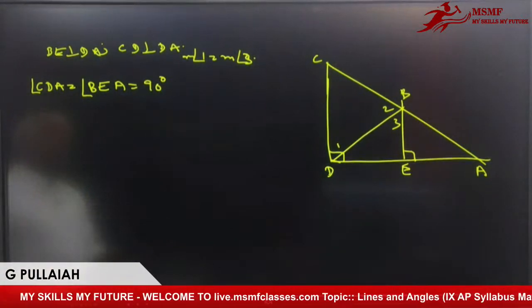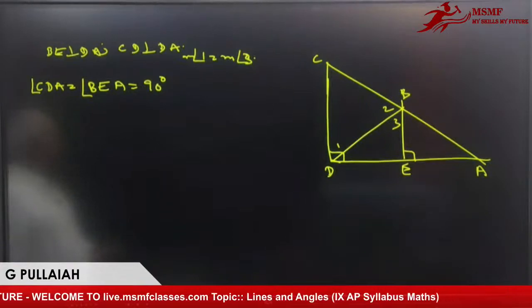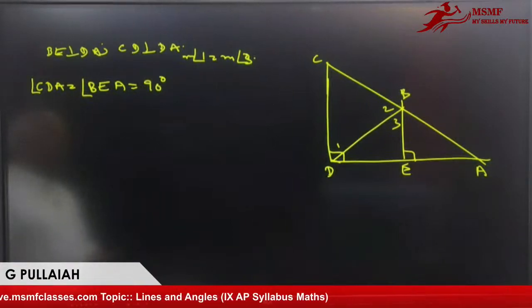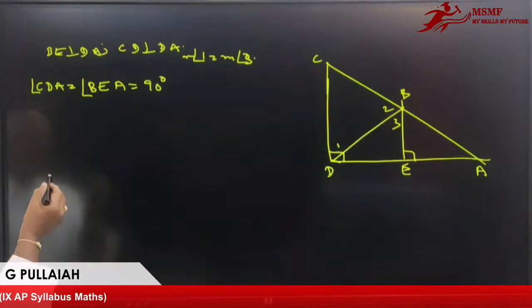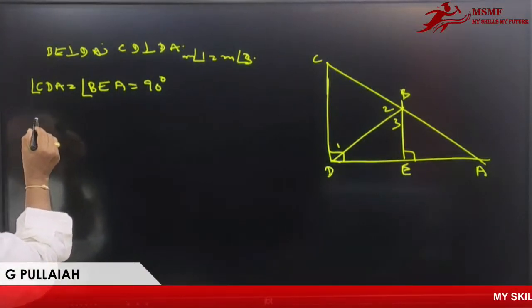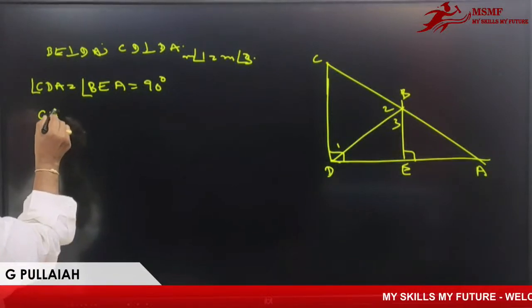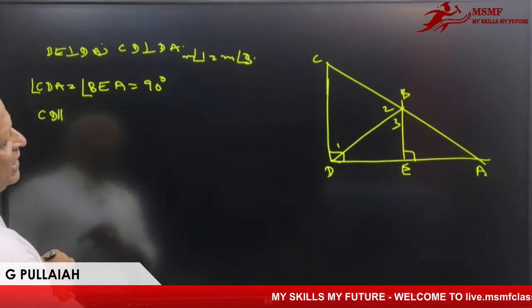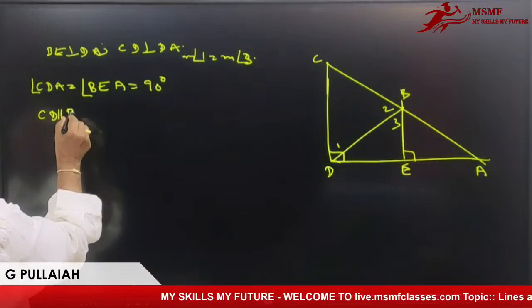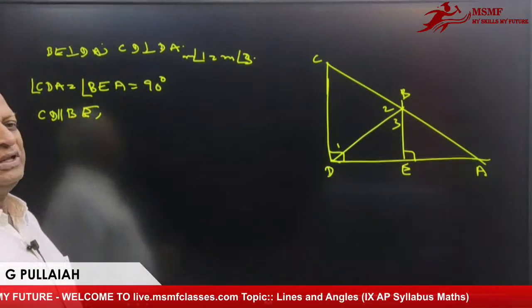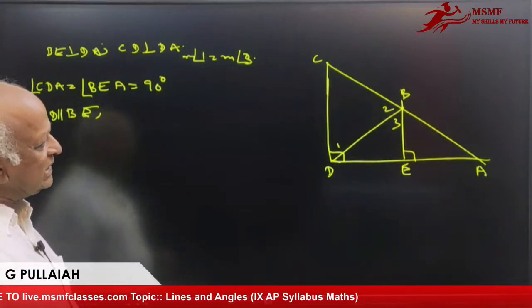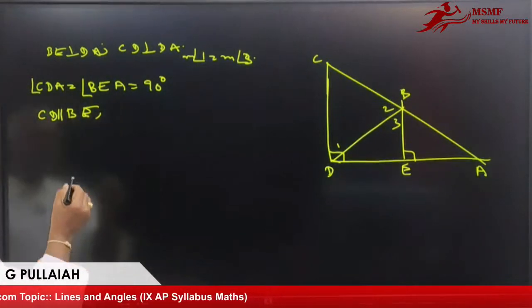Because these two angles are equal, what do we call them? If two angles are equal, then we can say CD is parallel to BE. CD is parallel to BE. In this case here, DB is the transversal.